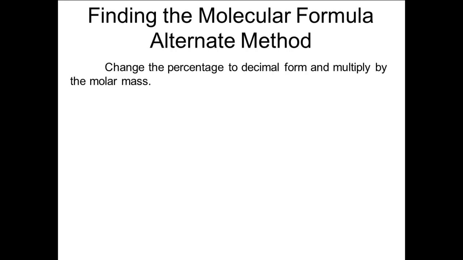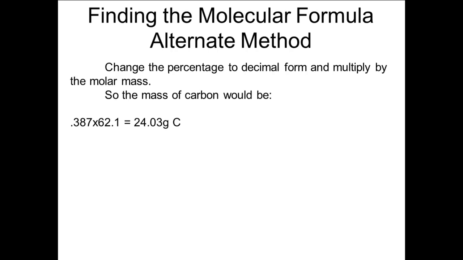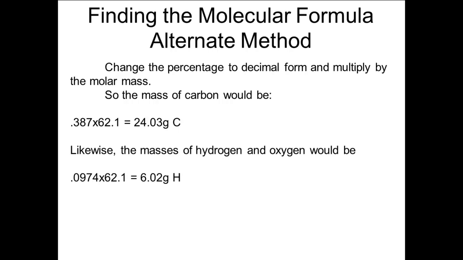This gives us the actual mass of that element in 1 mole of the compound. In this case, we get 0.387 times 62.1 equals 24.03 grams of carbon, 0.0794 times 62.1 equals 6.02 grams of hydrogen, and 0.516 times 62.1 equals 32.04 grams of oxygen.